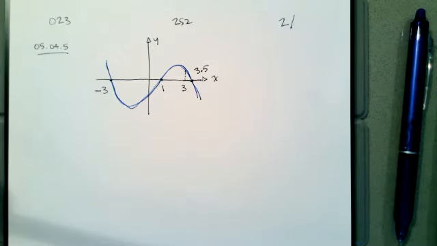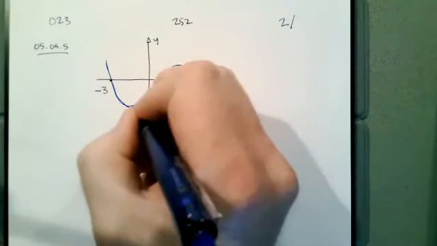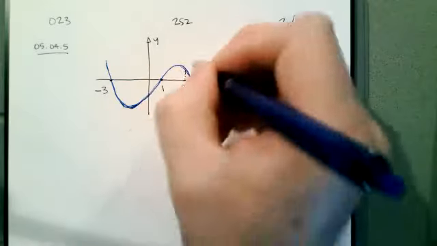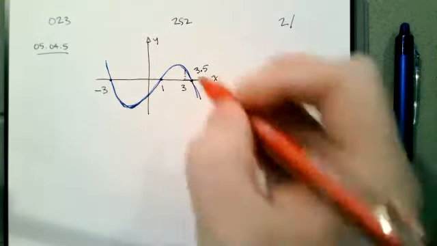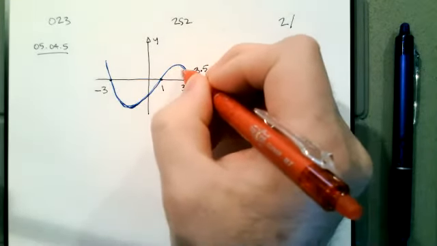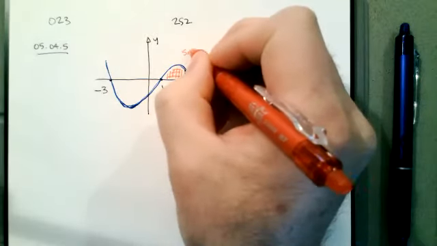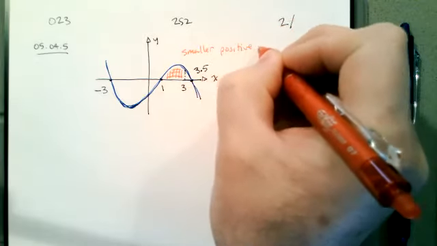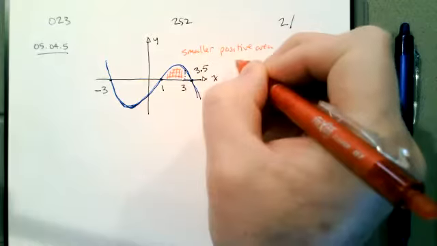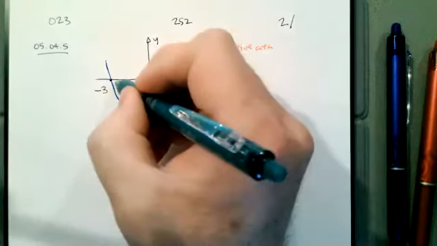If we think about the two areas bounded by the graph of this function and the x-axis, we've got this big negative area and this smaller positive area. Let's call the smaller positive area A2, and we have a bigger negative area.